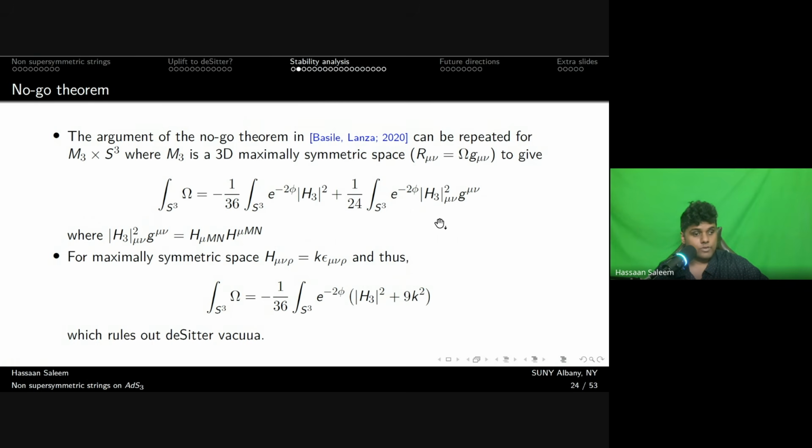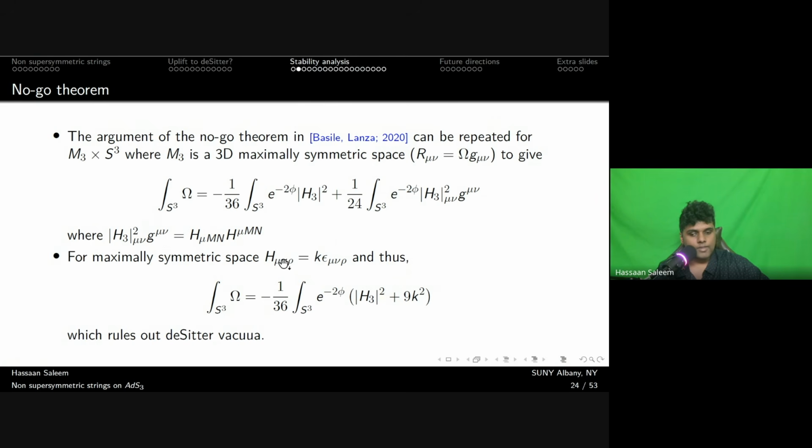So therefore, the theorem has to be modified. Now, what do I mean by that? I don't mean that the conclusion has to be modified. The proof has to be modified. So the thing that has to be modified is that you have this term, but if you have a maximally symmetric space, then the H field on the M3 part can only be proportional to the totally antisymmetric tensor.